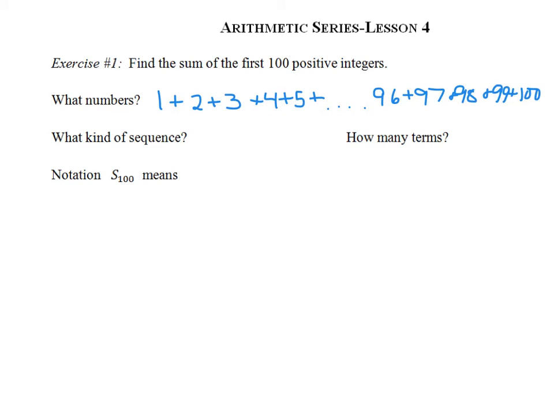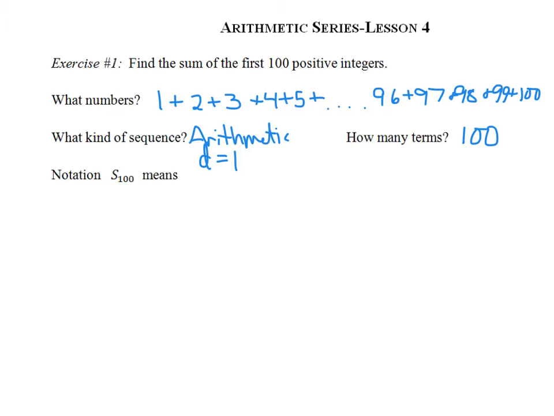When I look at this sequence, before I add them together, just the numbers all listed down, it turns out to be an arithmetic sequence. I can tell that because the d value is equal to 1. I just keep adding 1 to get the next term. There are altogether 100 terms in this sequence.